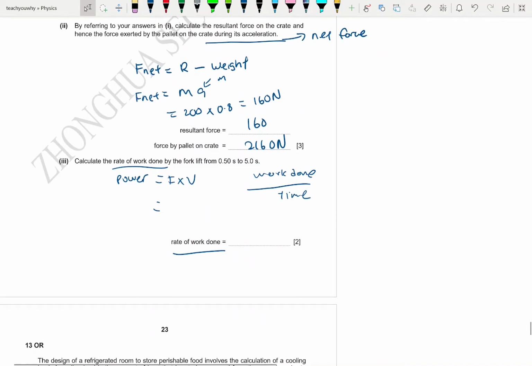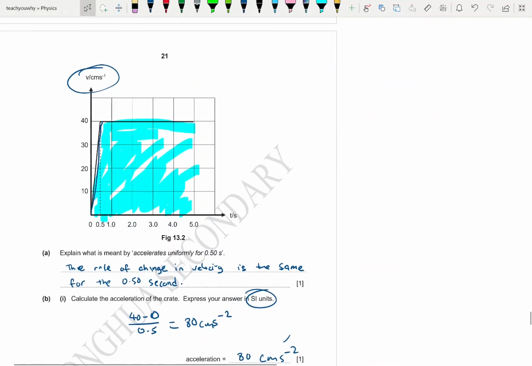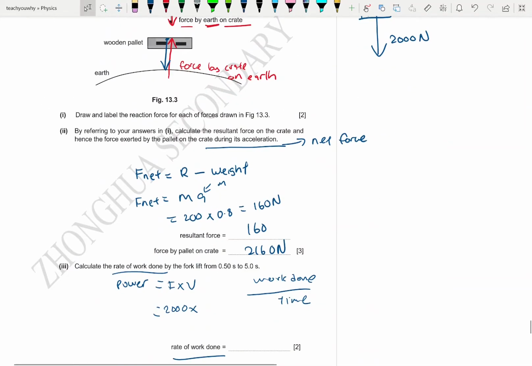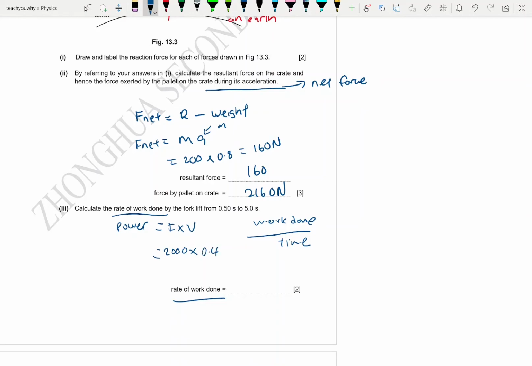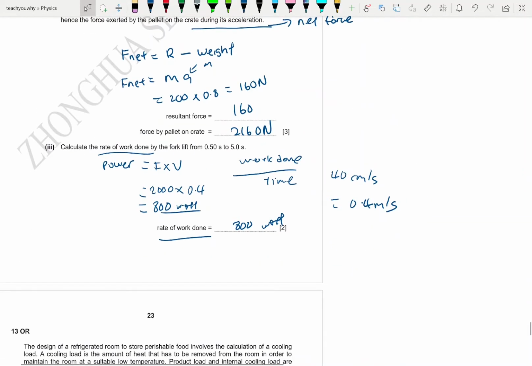My force is 2000. My velocity, you can see from here, 0.4. Why 0.4? Because 40 cm per second equals 0.4 meters per second. So it's 800 watts.